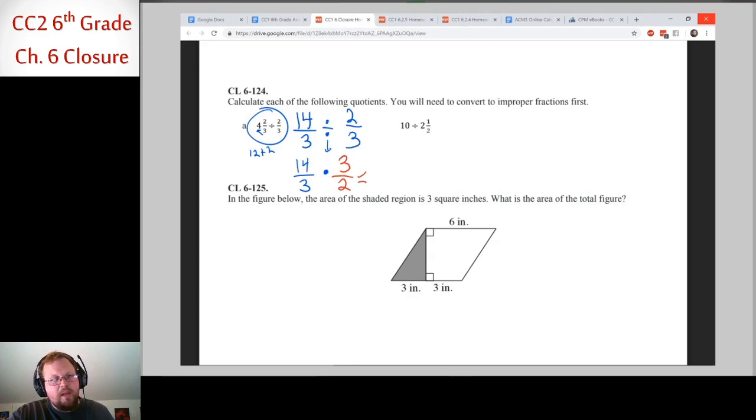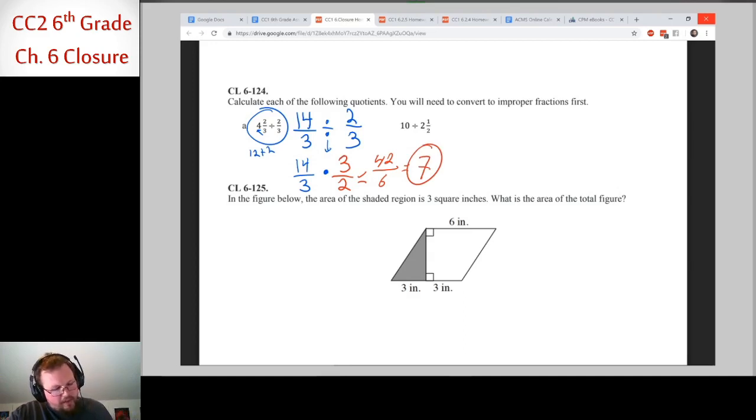And then I simply multiply across the top and the bottom. Do not do common denominators when there is a multiplication symbol involved. It's horrible. 14 times 3 is 42. 3 times 2 is 6. That will indeed simplify and just give me 7. 42 divided by 6 gives me 7.